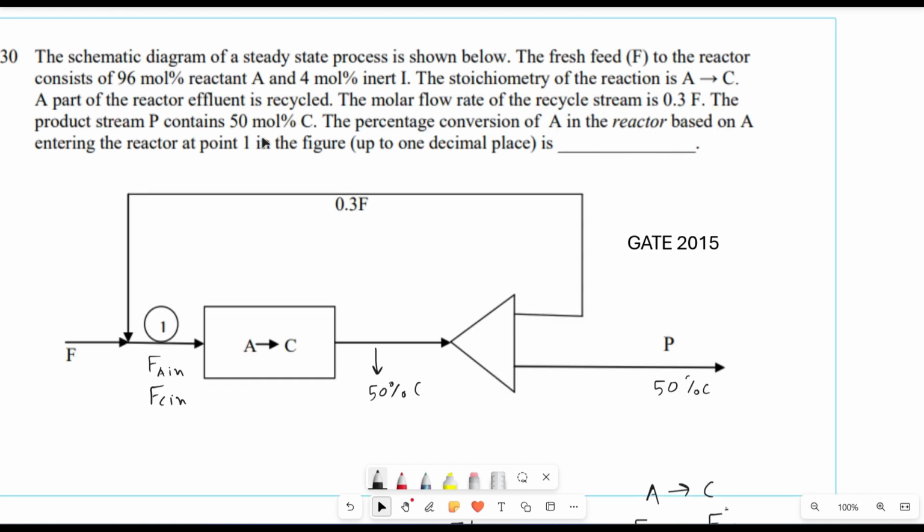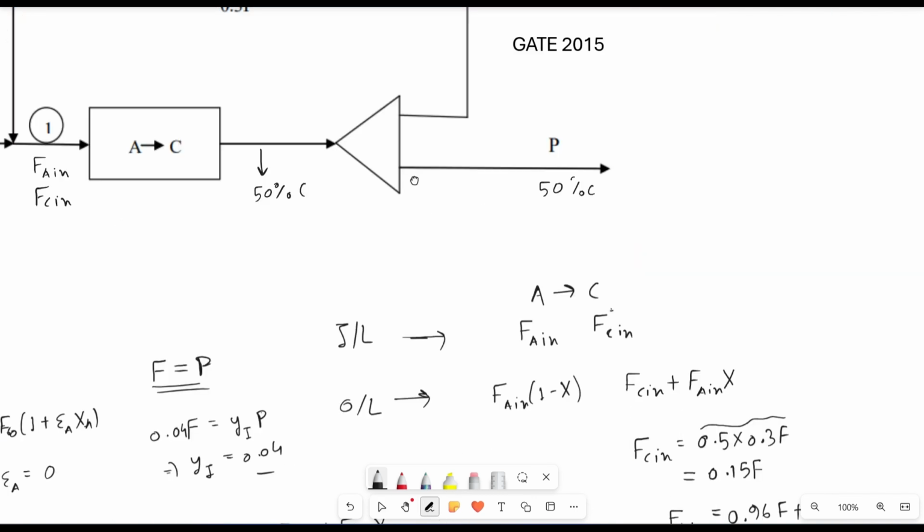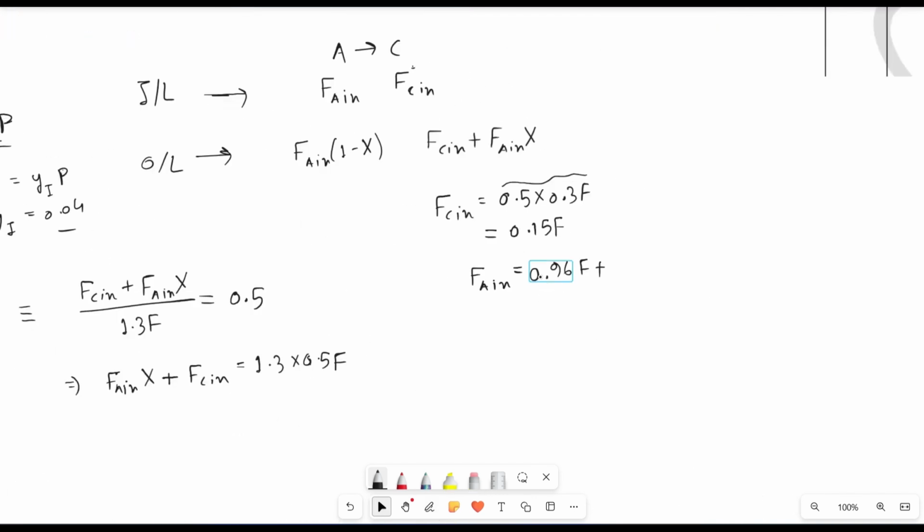Now 50% is C and 4% is inert in the product, so the remaining must be A. So A is 46%. If we put in the value, 0.46 into 0.3, this is the recycle.